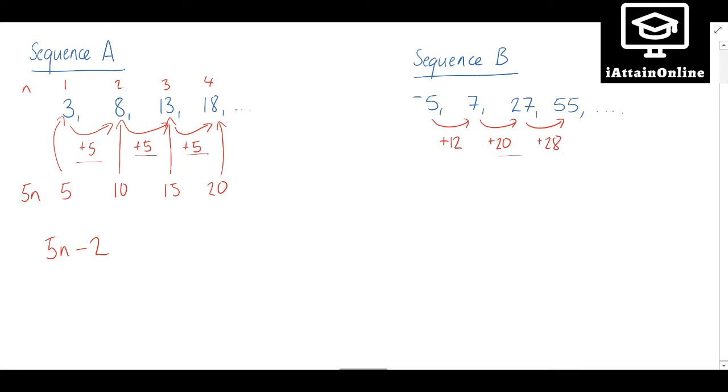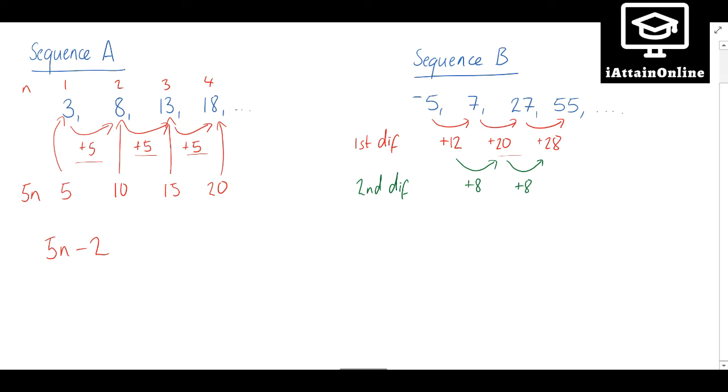If you ever get a question like this, we call this one the first difference. I'll get from one number in the sequence to the next. If the first difference is not the same, you then need to find the differences between the differences, and we call this the second difference. So each time here, the difference between the differences is I'm adding 8 each time.